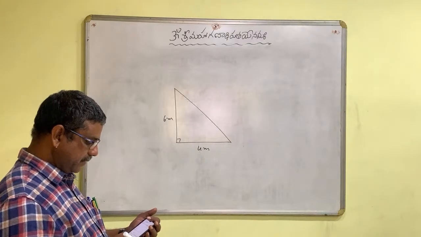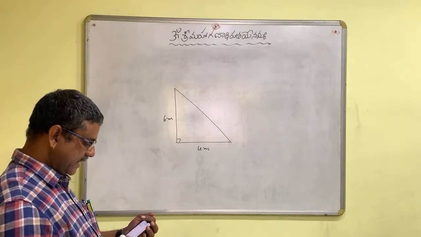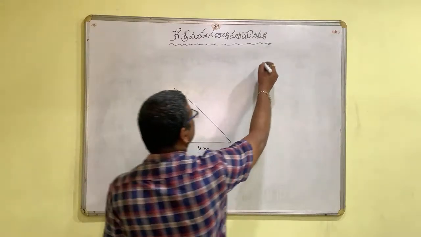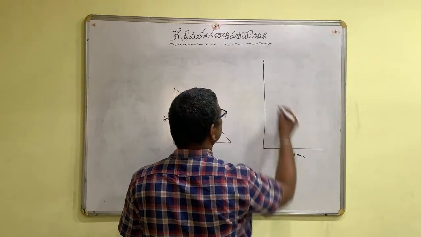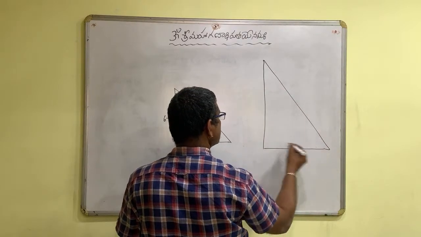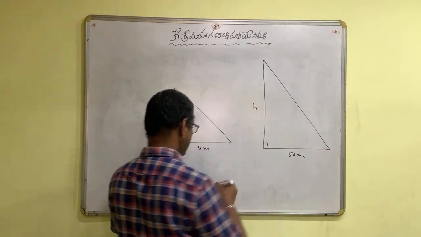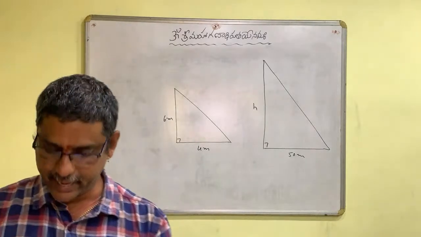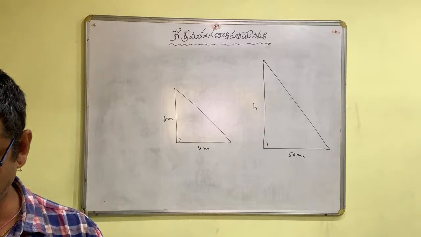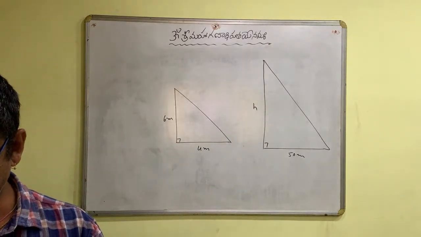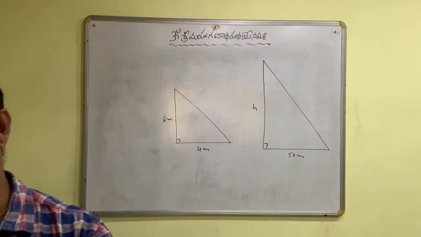At the same time, a flagpole casts a shadow of 50 meters long. Then how long is the flagpole?